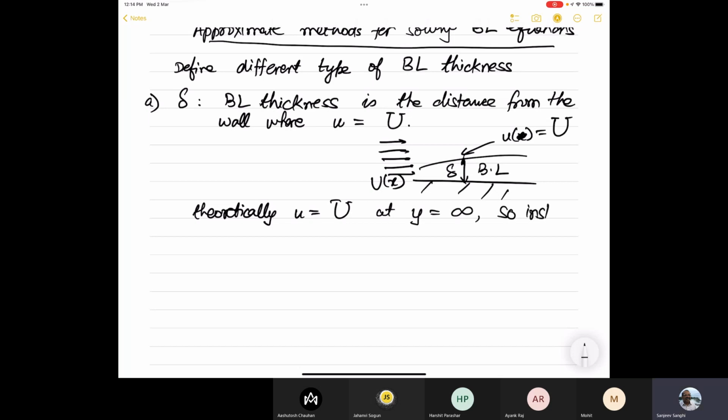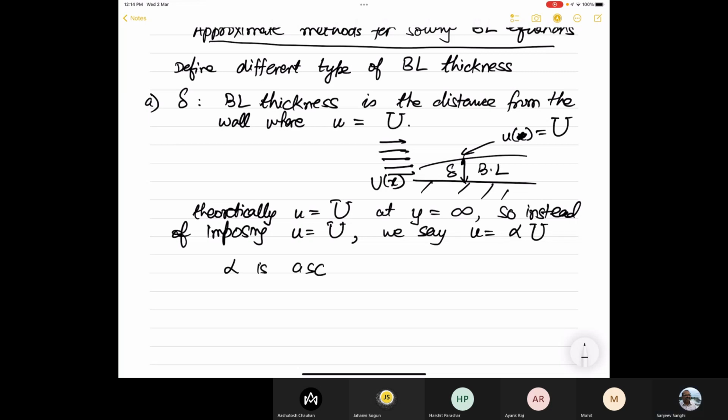So instead of imposing small u equal to capital U, we say small u is equal to alpha times capital U, where alpha is a scalar less than but close to 1.